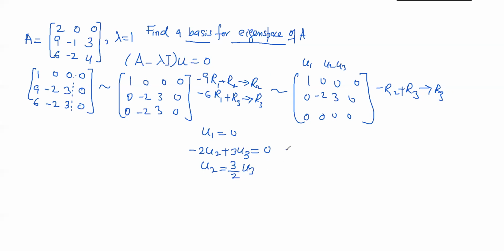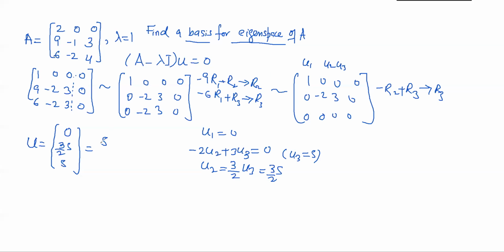If I take U3 as equal to S, then U2 will be 3 by 2 S. So the eigenvector U will be 0, 3 by 2 S, and then S. If we take S as common, although it is not necessary, we can remove the fractions by multiplying all the terms by 2, and that 2 will be absorbed into the arbitrary constant.